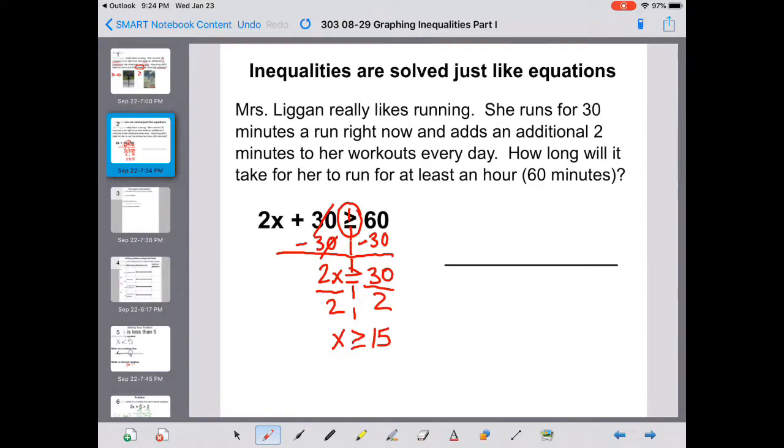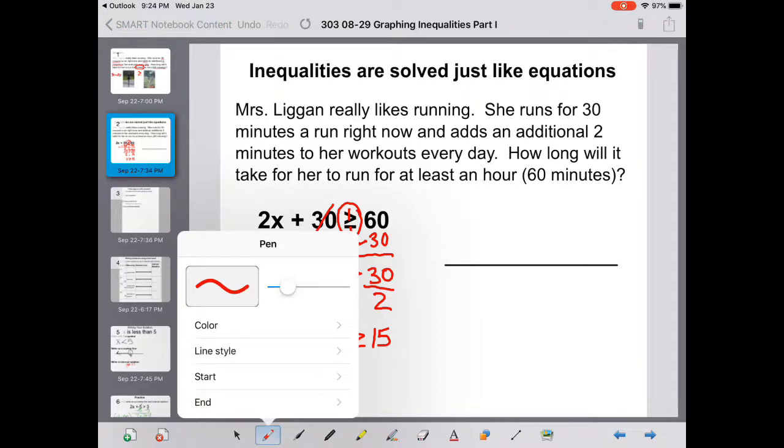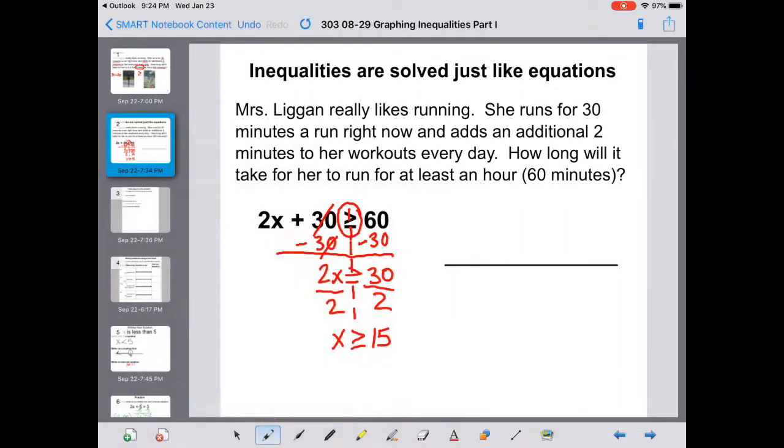Now there's a couple ways that we can write our answer. The way that we just wrote it is called the symbols form. Let's also write it on a number line. So we're going to just draw our arrows to indicate that our number line goes on forever. Then let's put the 15 on the number line.